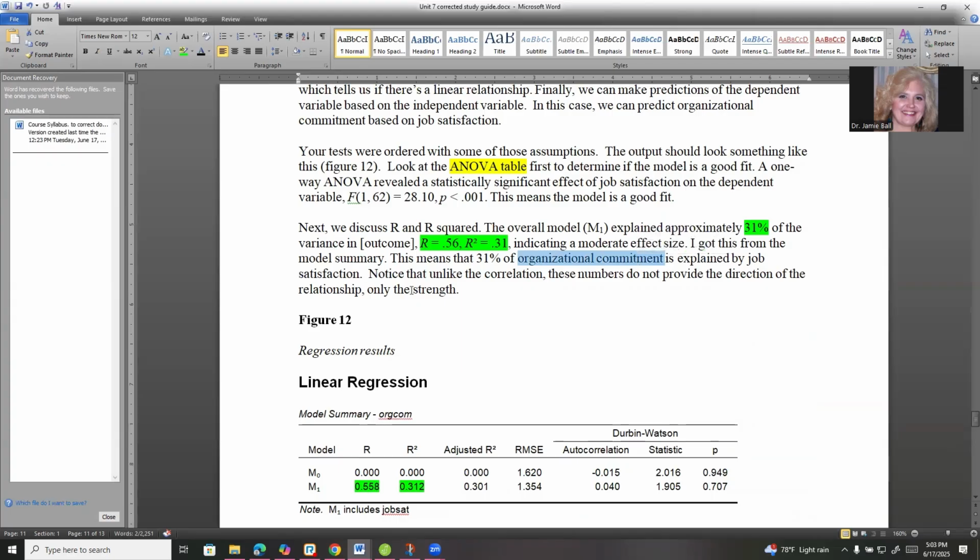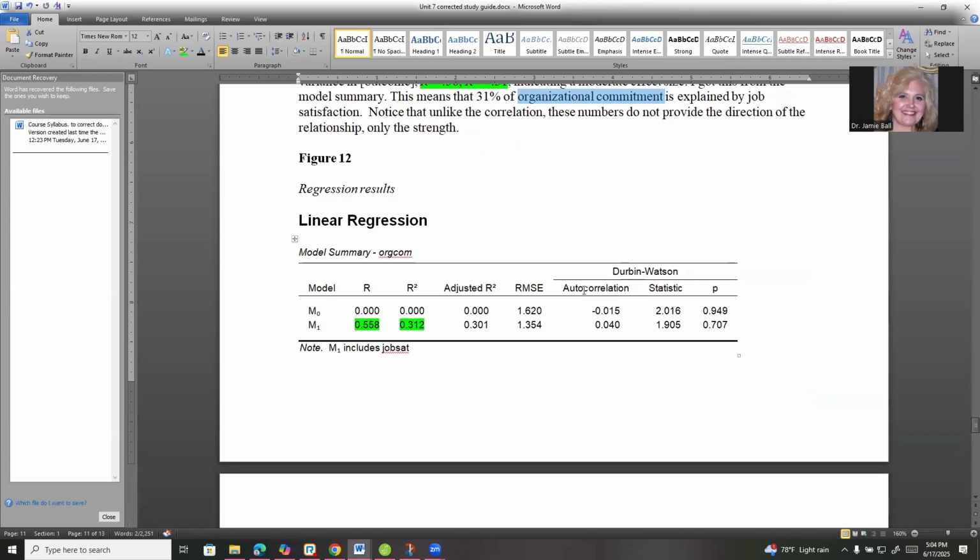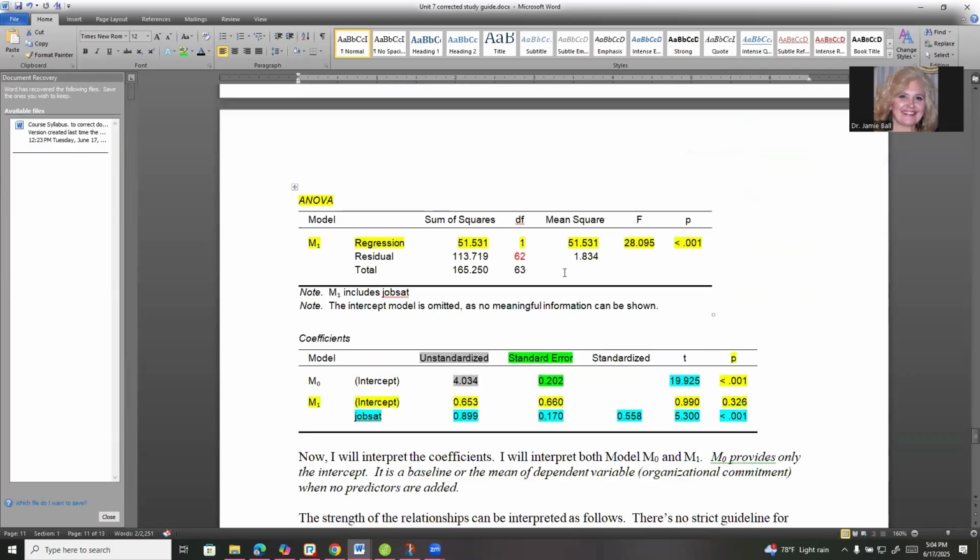So 31% of organizational commitment, the dependent variable, is explained by the predictor variable of job satisfaction. So, unlike a correlation, these numbers do not provide the direction of the relationship, only the strength.